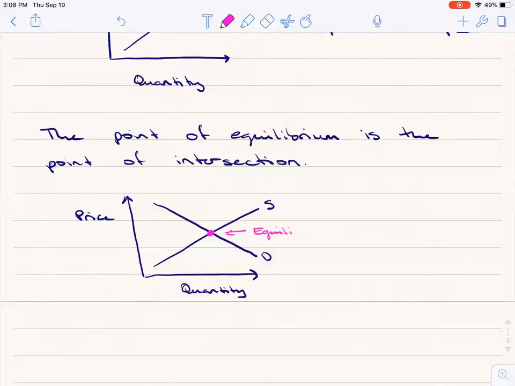That's equilibrium. Which means at this quantity and this price, everyone's happy, right? And so that's a happy market.